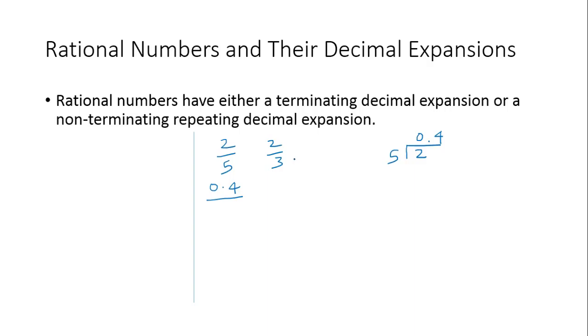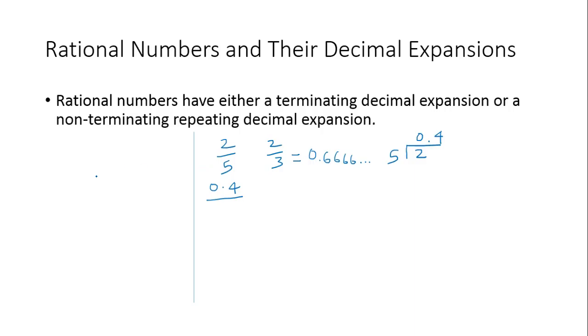Now if you look at the second rational number 2 by 3, if you divide, you'll find that this decimal expansion is non-terminating and repeating. So you'll get 0.6666 and so on. So this is an example of a non-terminating repeating decimal expansion. So these are the two types of decimal expansions possible for rational numbers.